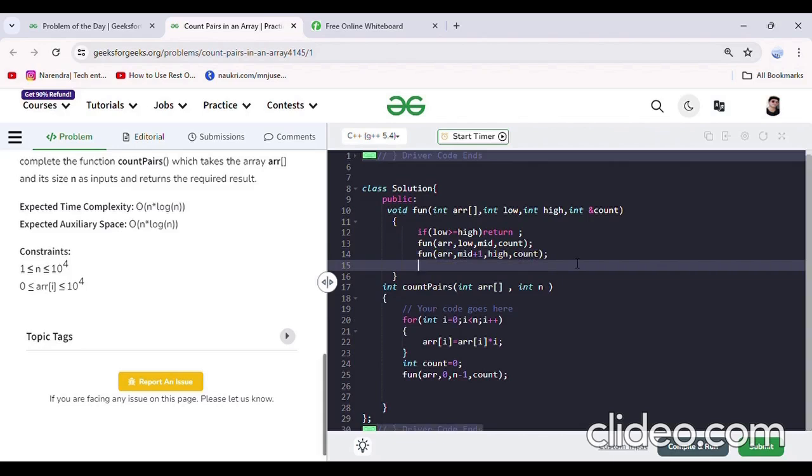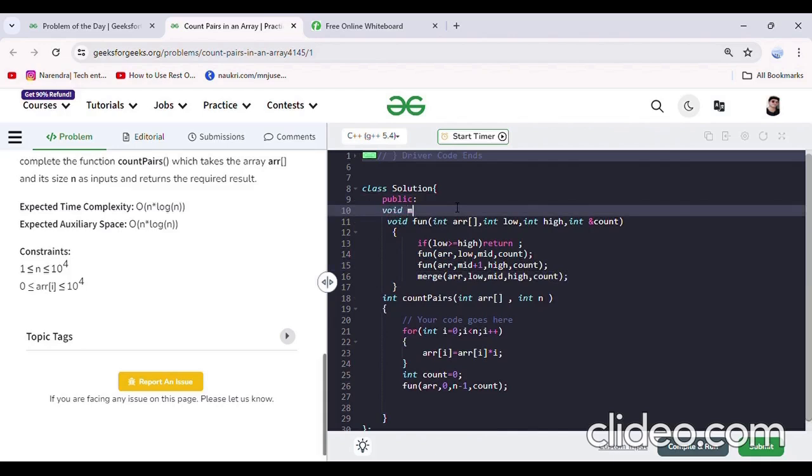Then what I am doing, I am merging these two parts. Guys, this is a blind merge sort application, and we can also observe these problems in the count inversion problem. We do it the same way. That is also the same problem, but it is asked indirectly to us. Okay, now I am writing a merge function.